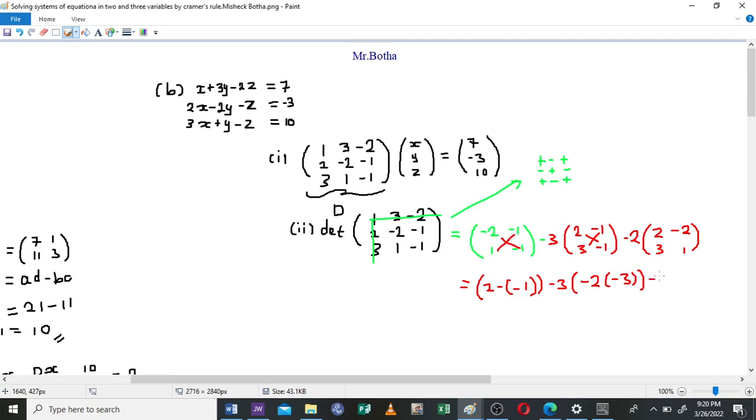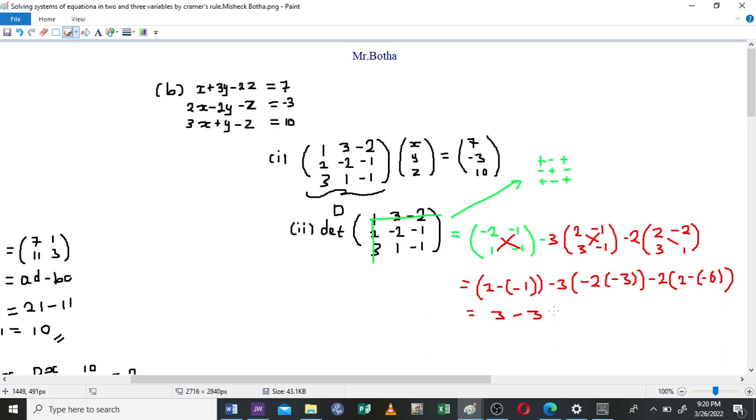Again here we have outside, we have negative 2, so we are going to open a bracket, then we have 2 times 1, that will give us 2 minus 3 times negative 2, that will give us negative 6. Okay, good. Now what this is going to give you is nothing but you're going to have 3 minus 3, right?